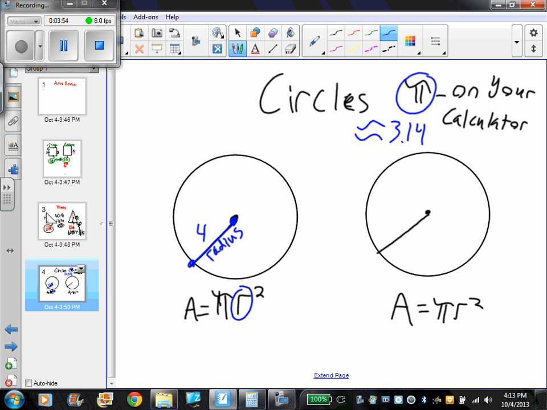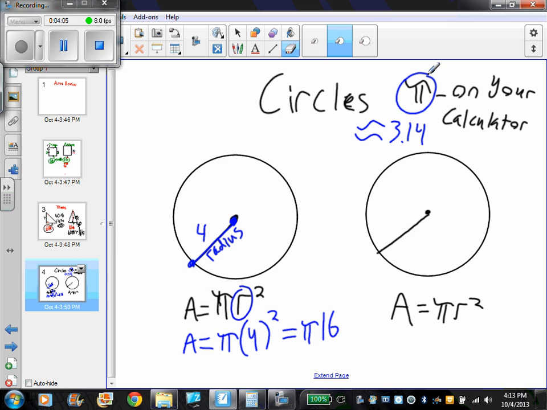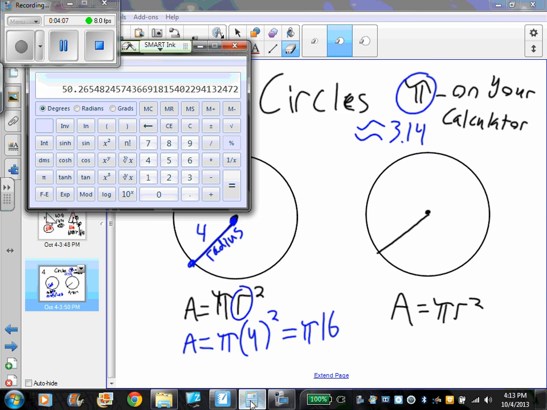So let's say that the radius had a length of 4. What that would mean is that our area would be pi times 4 squared, which means that it would be pi times 16. And if you use a calculator, as I said, calculators often have buttons for pi. You just type it in.